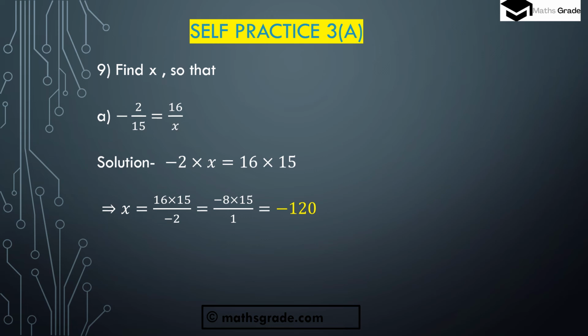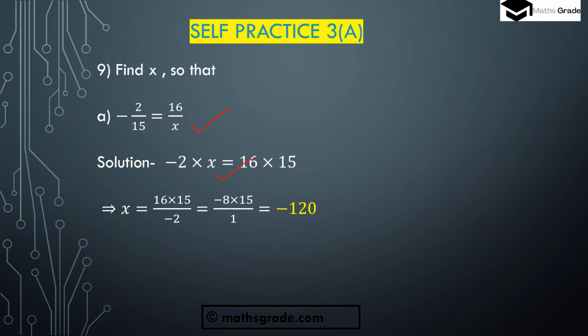Now we solve question number 9. Question number 9 is find x so that minus 2 divided by 15 equal to 16 divided by x. We do crisscross multiplication. Minus 2 multiplied with x equal to 16 multiplied with 15.